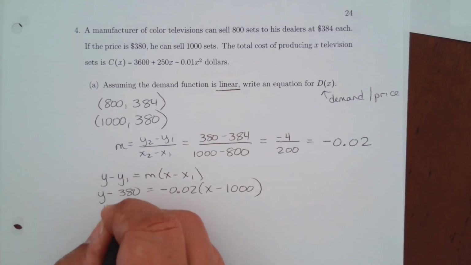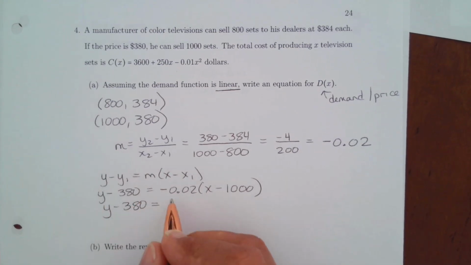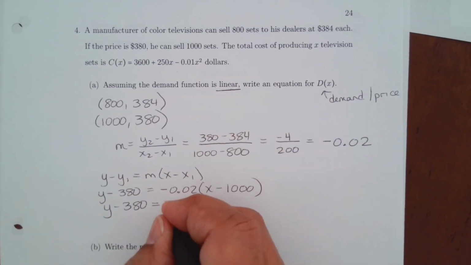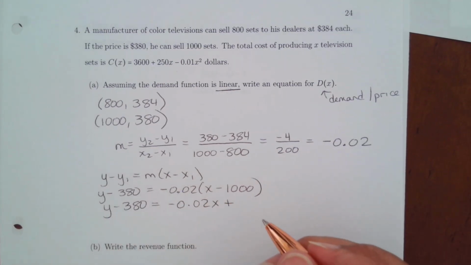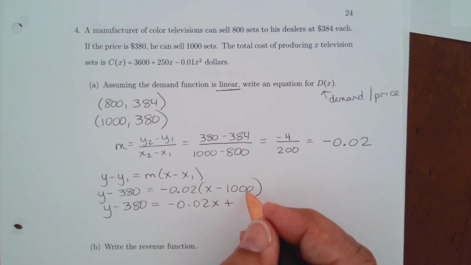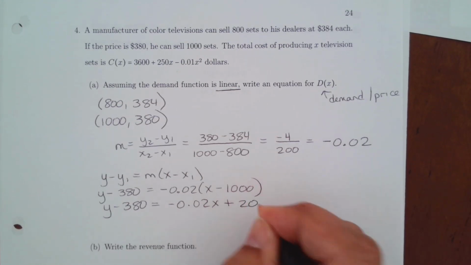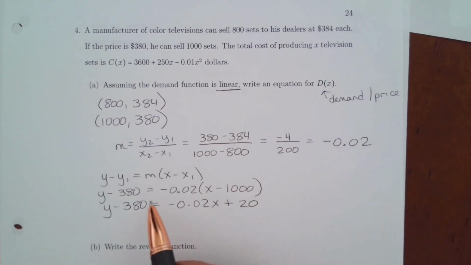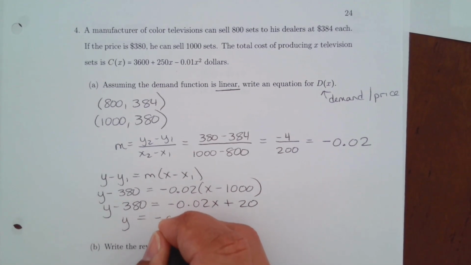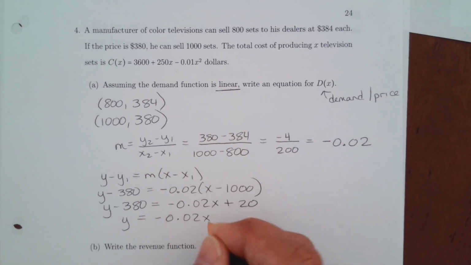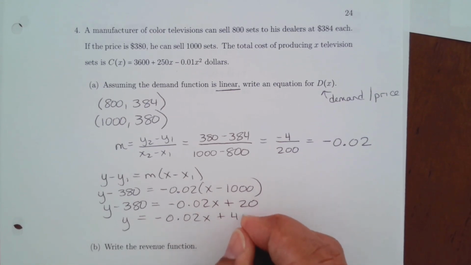All right, so multiply -0.02 times x, that's -0.02x. Multiply -0.02 times 1,000, that is +20. And then we're going to add 380 over to this side. So y equals -0.02x plus 400. 20 plus 380.